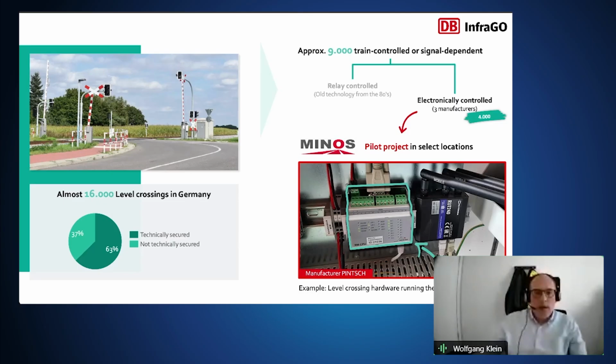There's also an OPC UA server running on this one. If the level crossing system has no direct contact to the interlocking system, it works autonomously, and in this case we use a 5G modem to transport this information from this small OPC UA server to our big diagnostic system.